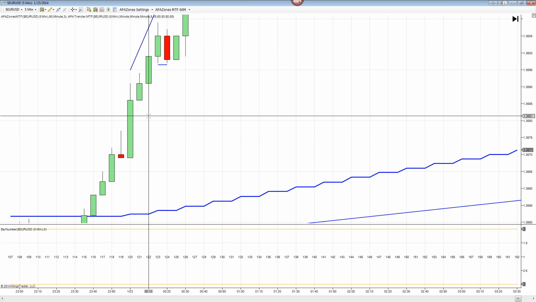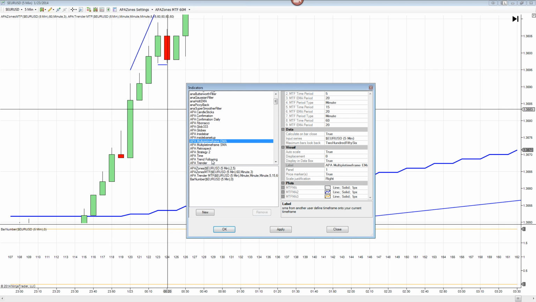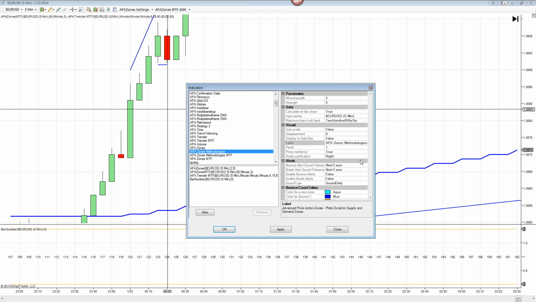And if you guys attended last week's webinar, we talked about this, and that was the EPA zones MTF, or methodologies MTF. So if you feel that we're in a steep uptrend and you're looking to get on in almost a breakout way, you can use the EPA methodologies MTF to do so.